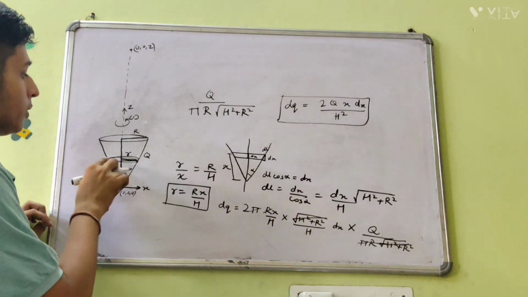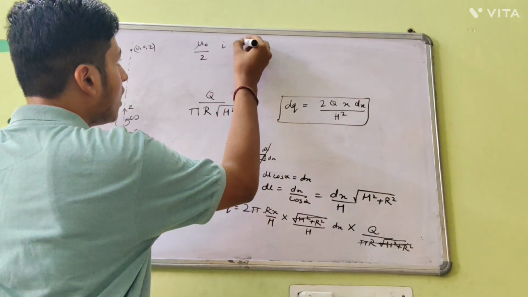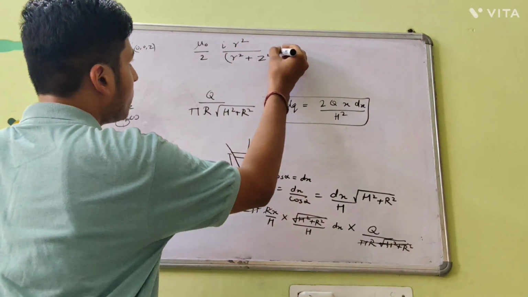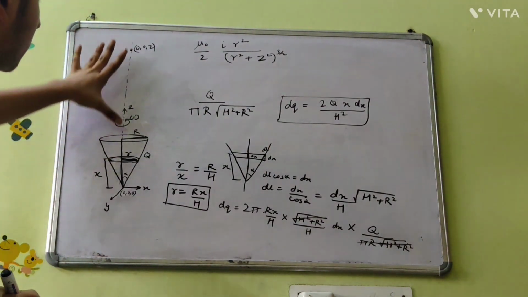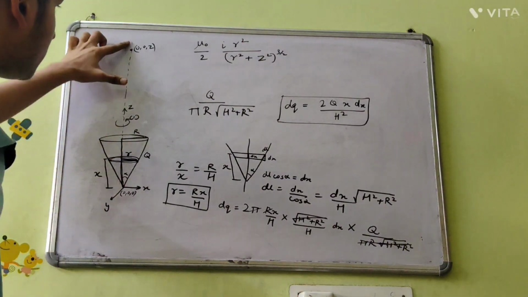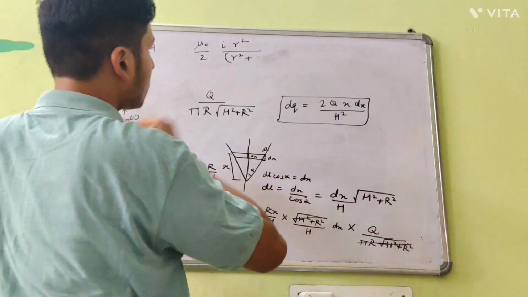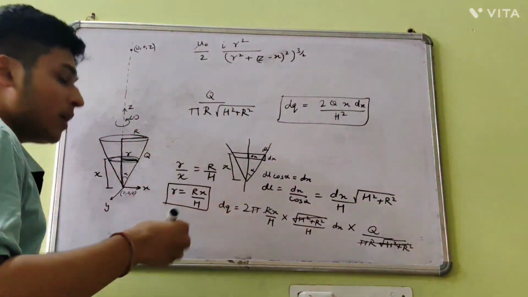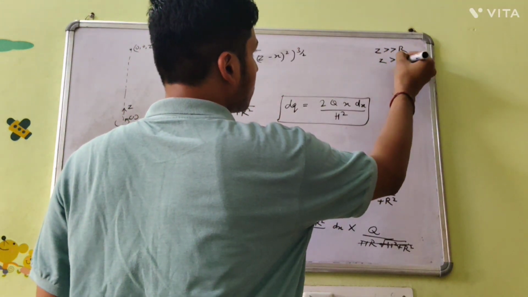Now the magnetic field produced by this ring here will be mu naught by 2 I r square upon r square plus z square to the power 3 by 2. Z is the distance from this ring to here. So this distance will be z minus x, because this total distance is z and this distance is x. But it is given in the question that z is much greater than R and z is also much greater than h.